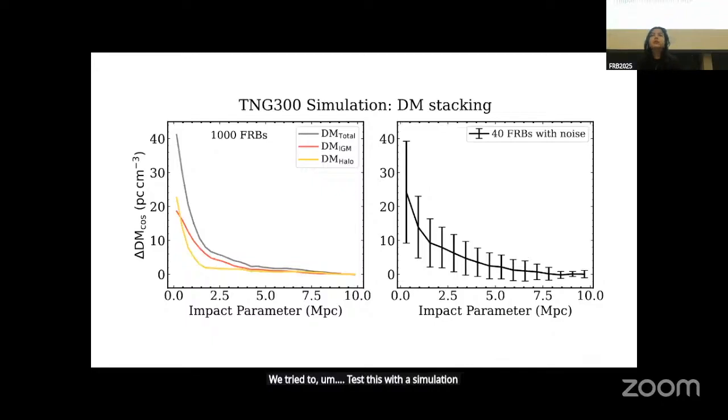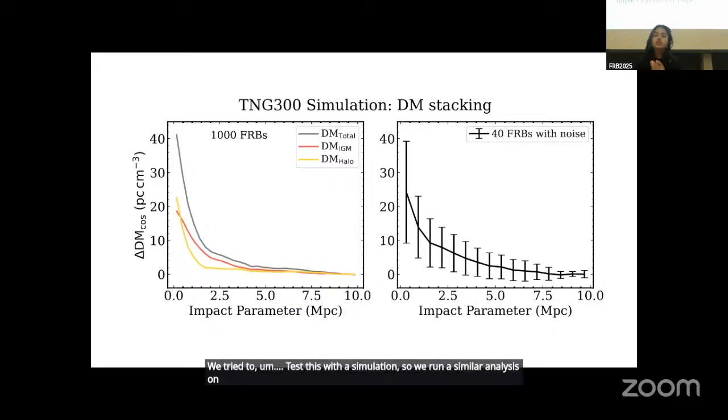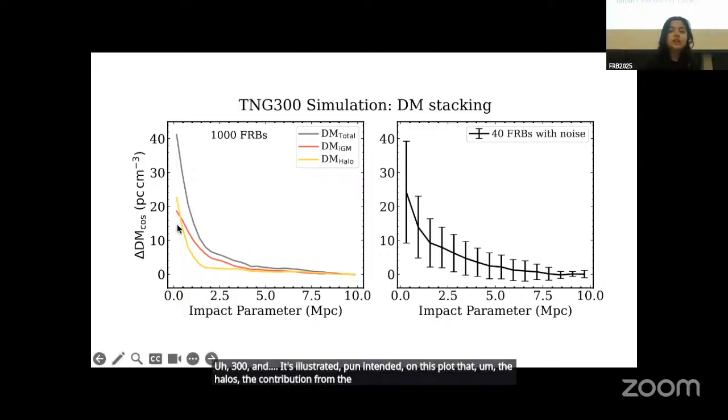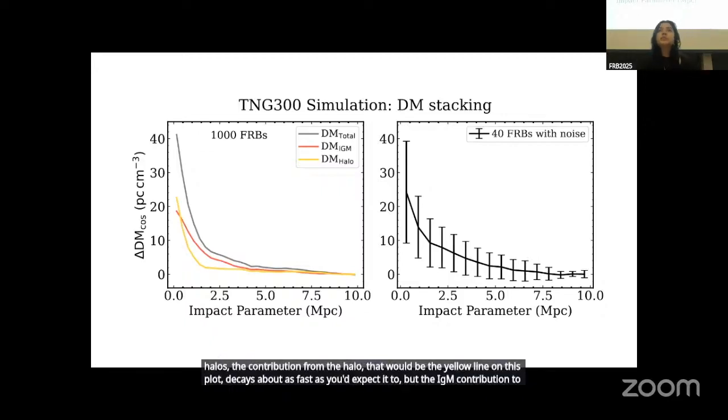So we ran a similar analysis on TNG300, and it's illustrated on this plot that the contribution from the halos, the yellow line, decays about as fast as you'd expect, but the IGM contribution to excess DM persists longer than we had been expecting.